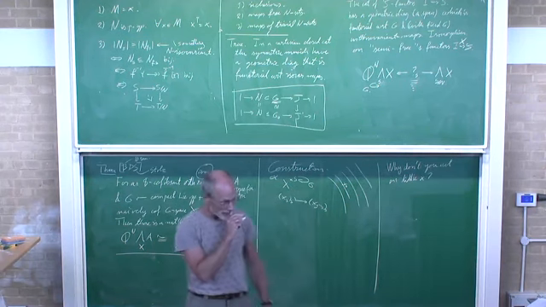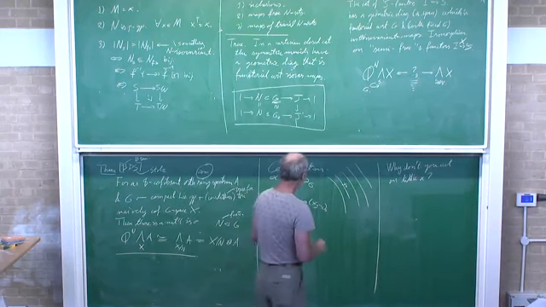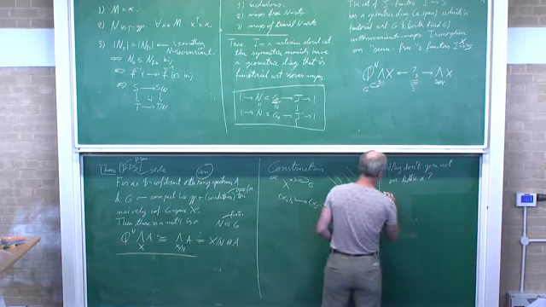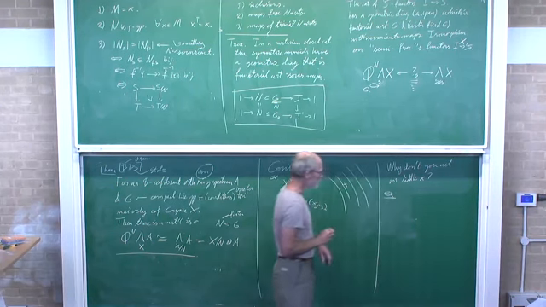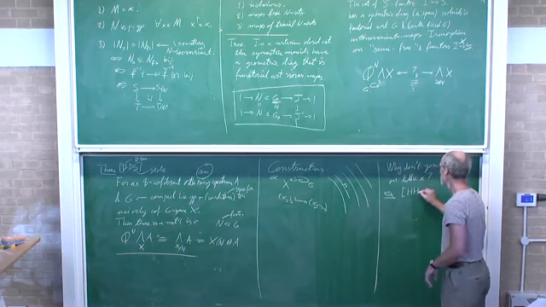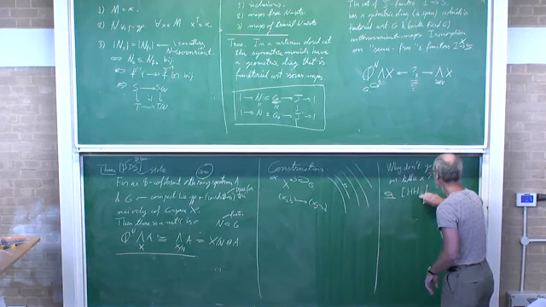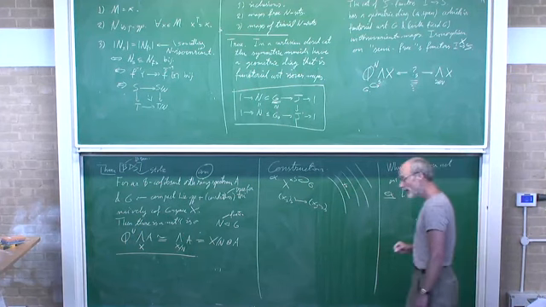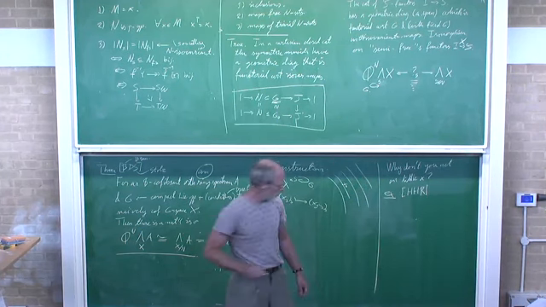So let's act on the X's. And as an example of people who want to act on small x's, Hill, Hopkins and Ravenel want to act on small x's.